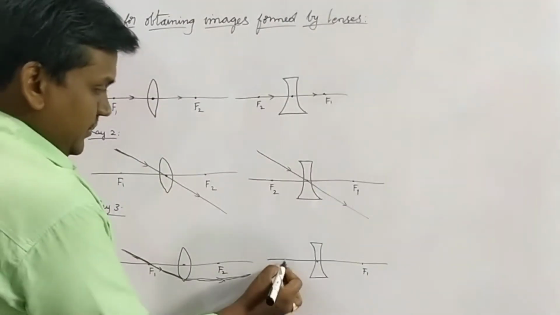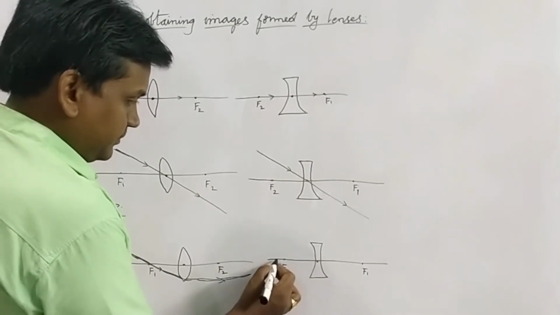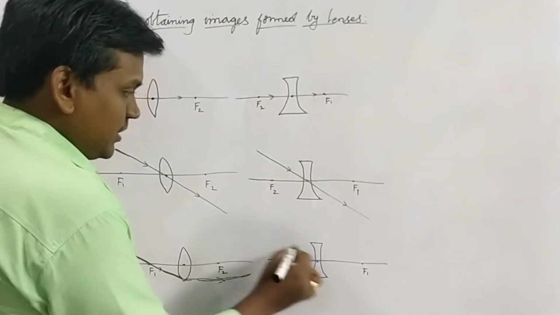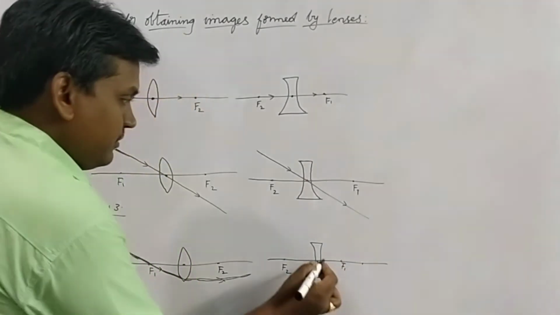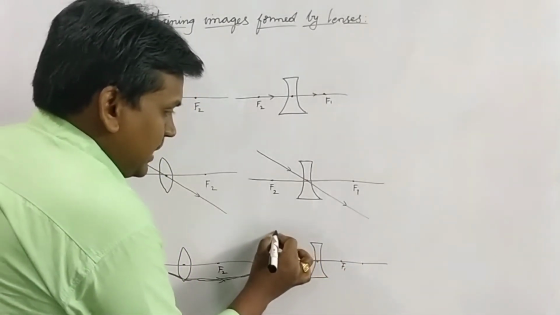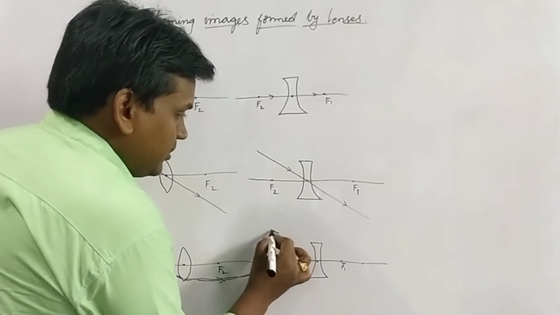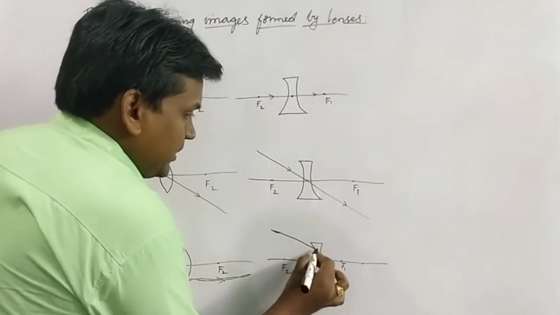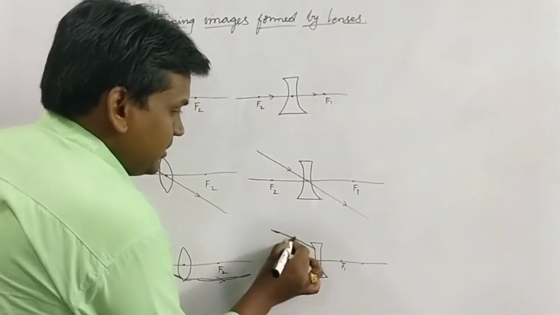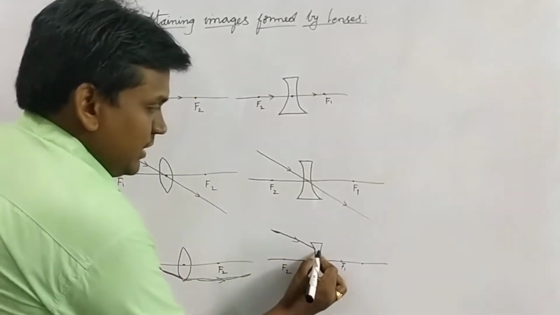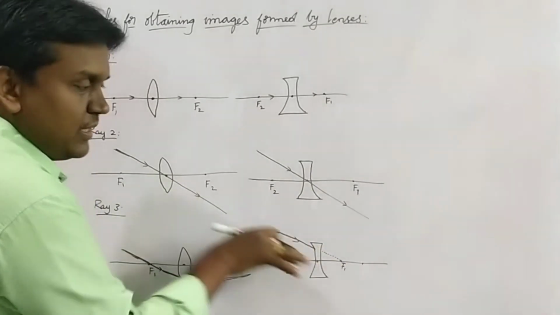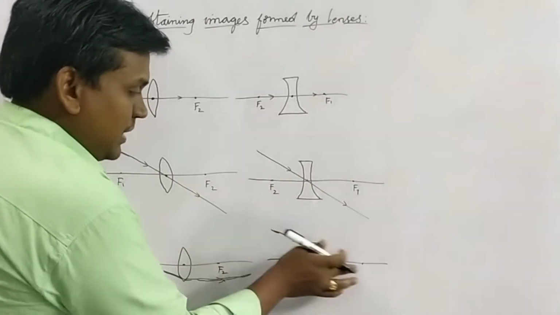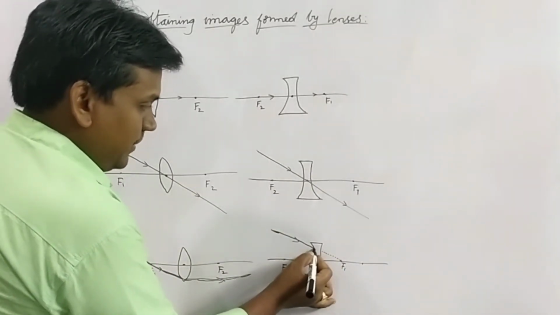So here if you consider a ray which appears to pass through the focus, if you consider a straight line, it will appear to pass, but it won't actually.